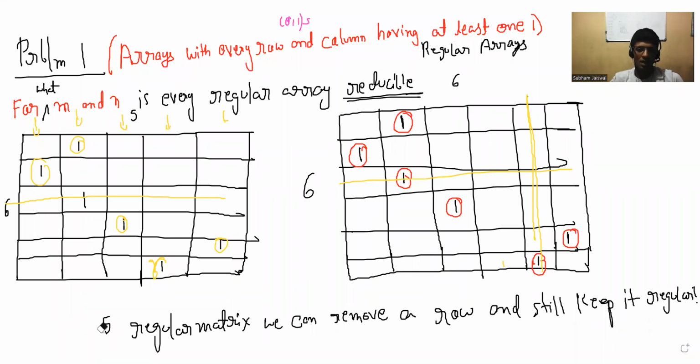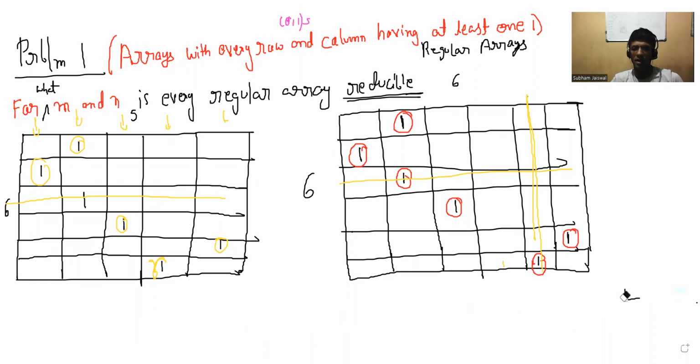Okay. Now you see, what we have shown is that from any n comma n plus 1 regular matrix, a column can be removed.